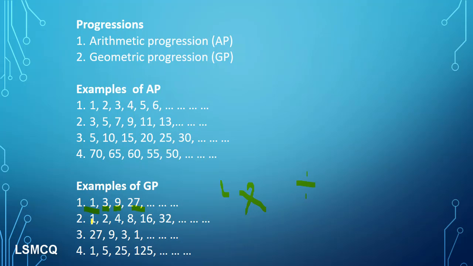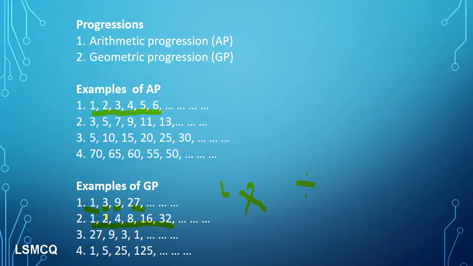If you compare with the AP in this one, you can see that the increase is very gradual here, but here the increase is quite fast. So it can be GP. If you are not sure whether something is AP or GP, you can have some idea just by looking at the sequence of numbers. Rapidly increasing or decreasing might indicate a GP.